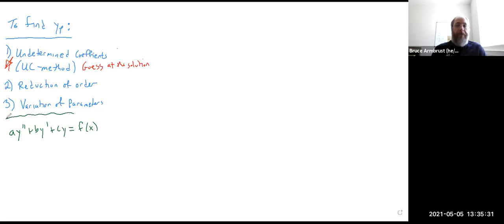Now, what's really going to drive our guess is the f of x. So I'm going to make a little chart here that has f of x in it, and then on the other side, we're going to talk about what kind of guess we want to make given what f of x looks like.